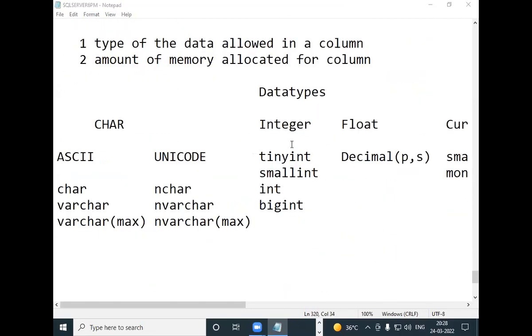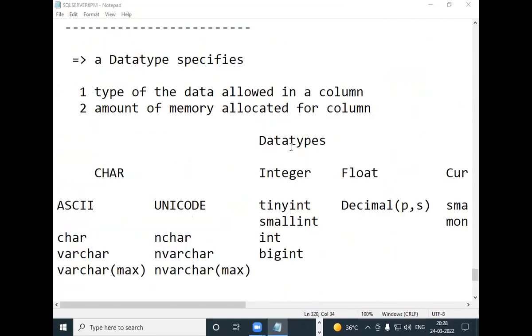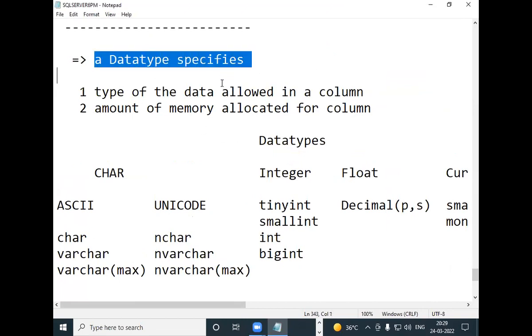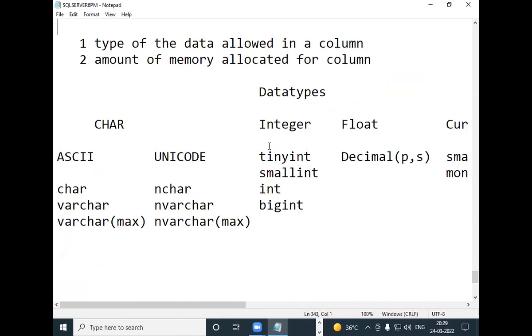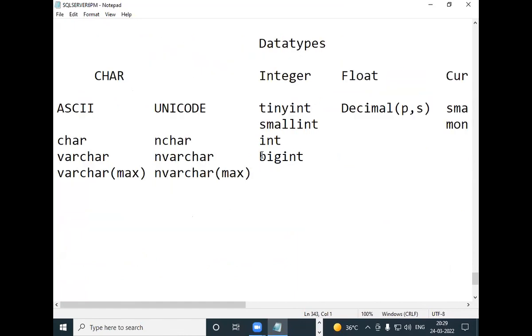Okay, before going to create tables, we need data types in SQL Server. These are the data types. Character types, again two types, ASCII and Unicode. What are the ASCII types?